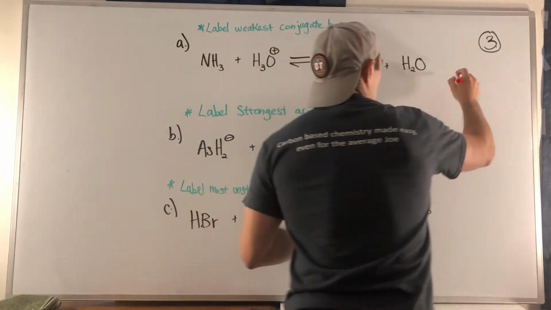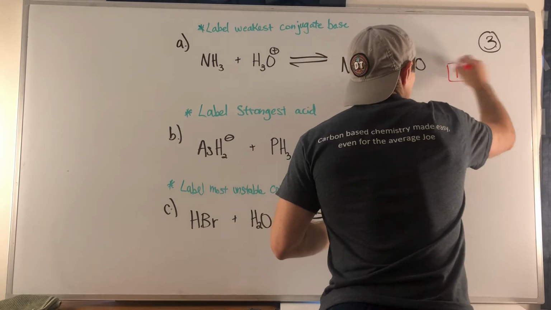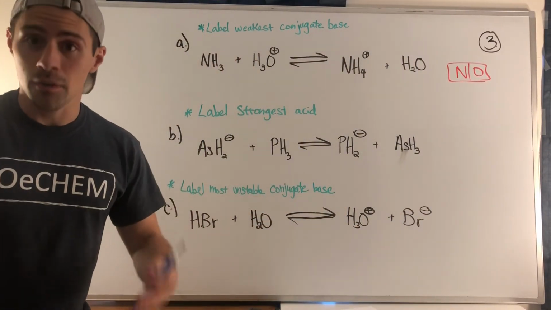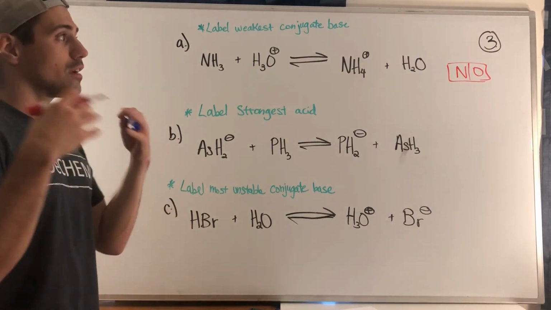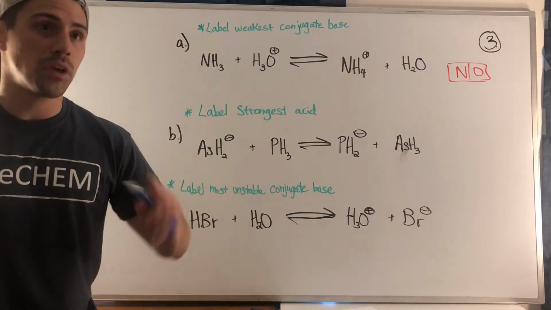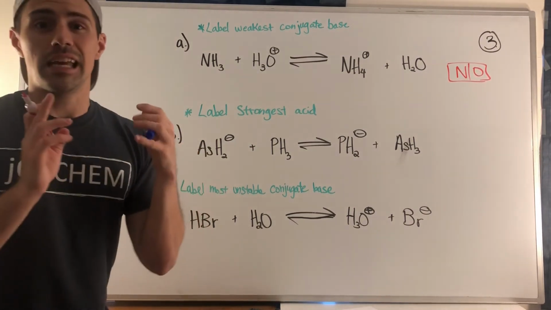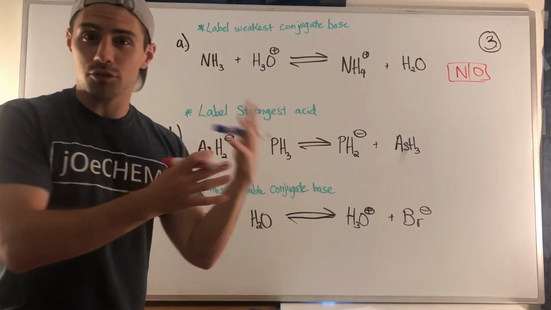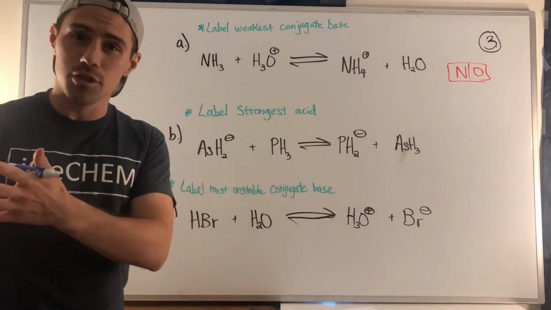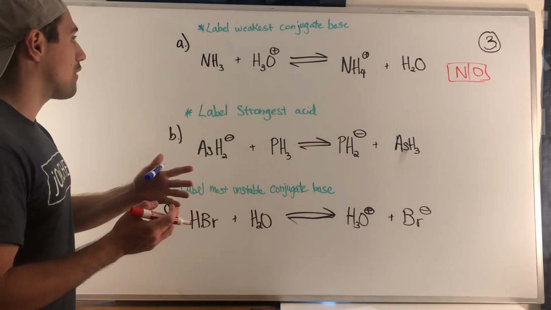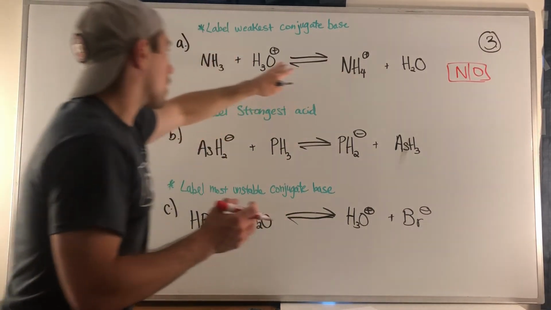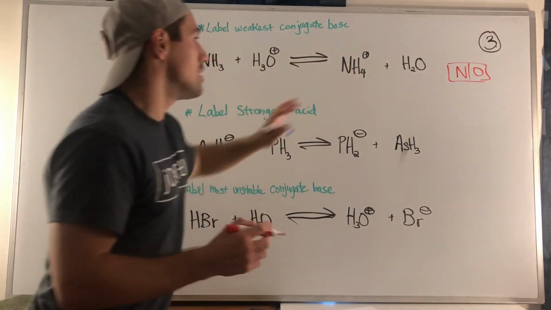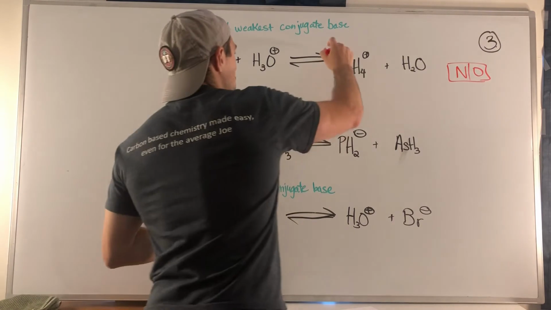If we take a slice of the periodic table, oxygen is the more electronegative atom. So oxygen loves negativity more than nitrogen. If you think about that in reverse, nitrogen's more okay with a positive charge, if it had to have one, than oxygen. So in the case of having ammonium or hydronium have a positive charge, it's actually better for this nitrogen to have the positive charge. This side is more stable.